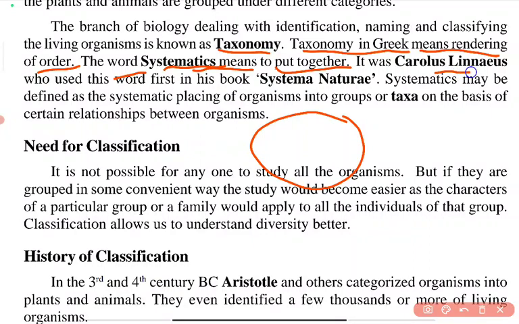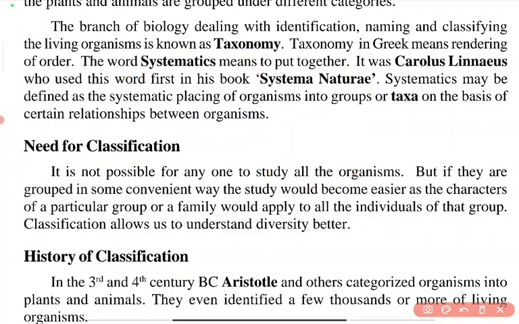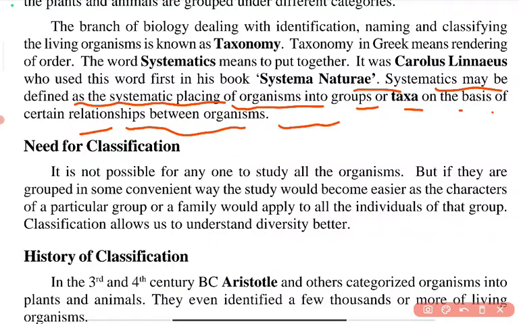Now it was Carolus Linnaeus who first used this word in his book Systema Naturae. Systematics may be defined as the systematic placing of organisms into groups or taxa on the basis of certain relationships between organisms.